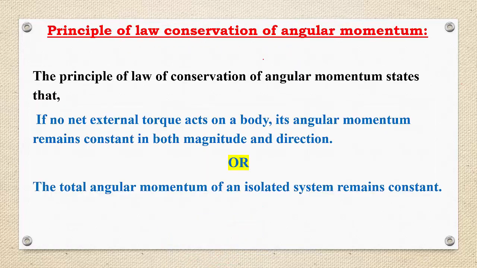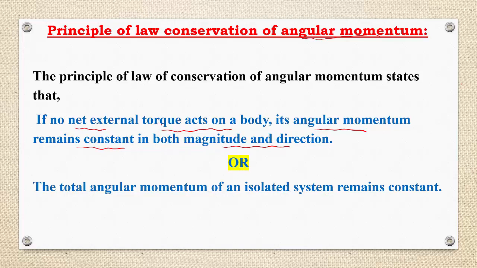Then last part of this chapter, law of conservation of angular momentum. You already studied law of conservation of linear momentum in the chapter laws of motion. Likewise here it is law of conservation of angular momentum. So what is the principle of law of conservation of angular momentum? If no net external torque acts on a body, then its angular momentum remains constant in both magnitude and direction.